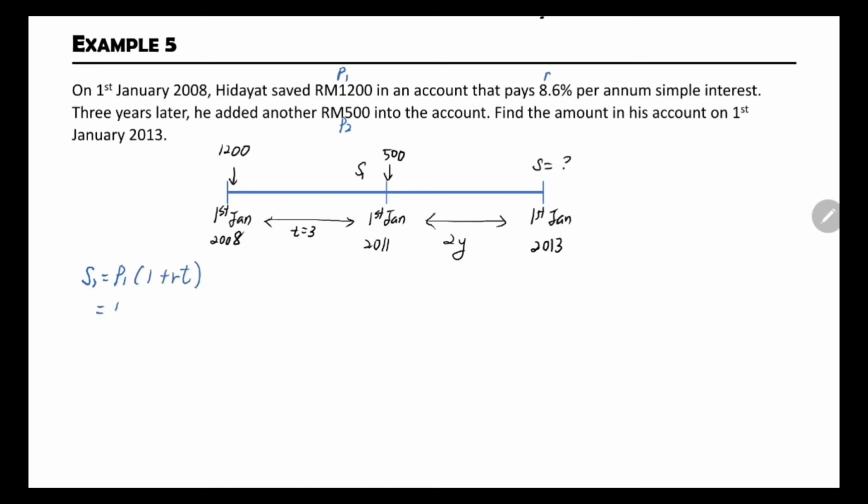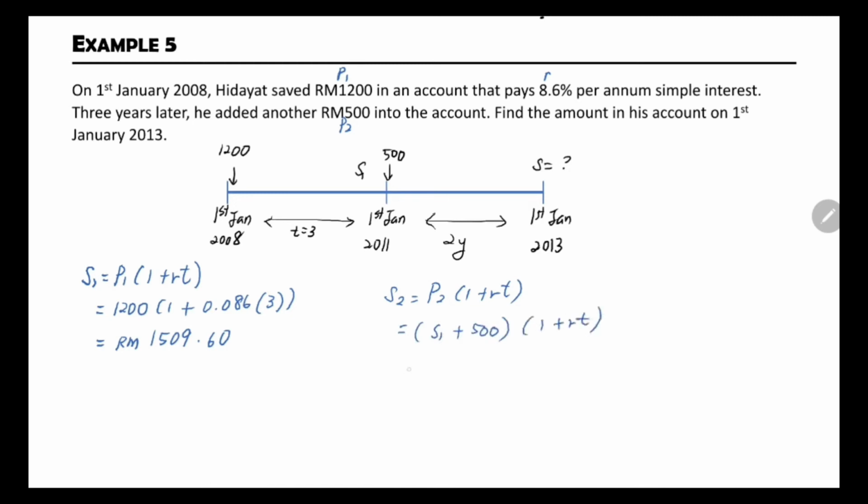So P1 is 1,200, R is 0.086 and duration is 3 years, which gives us RM1,509.60. The final sum is S2 equal to P2(1 plus RT). So P2 is from S1 and another 500 that he adds into the account, times (1 plus RT). S1 is 1,509.60 plus 500.